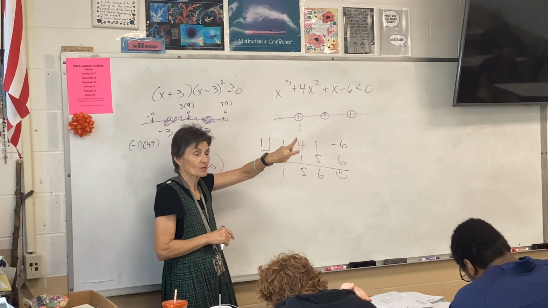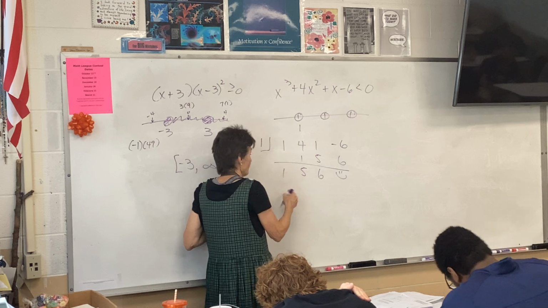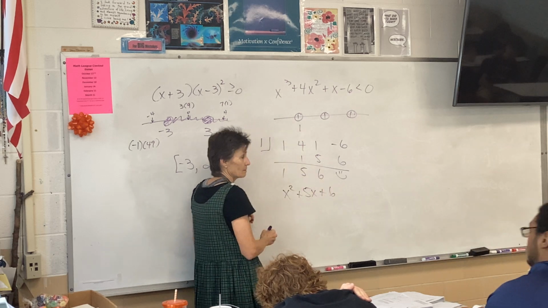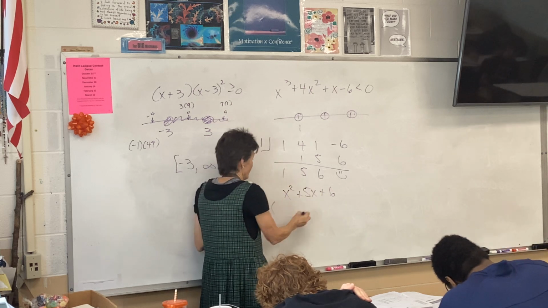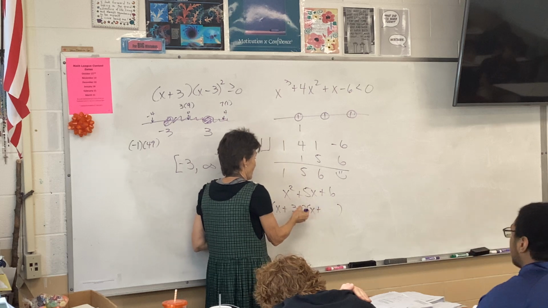Where are the other dots going to come from? 3 and 2. They're going to come from x squared plus 5x plus 6. Right here. And that factors as x plus 3 and x plus 2.